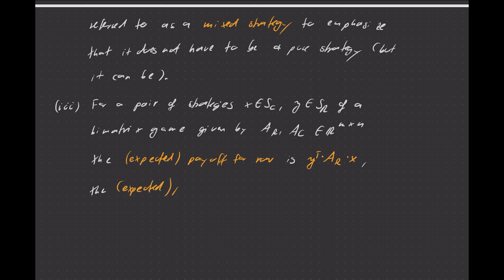So the expected payoff for column is very similar, basically the same expression. The only difference is, of course, we need to use the column payoff matrix. So there's an A_C here, and here's an A_R.